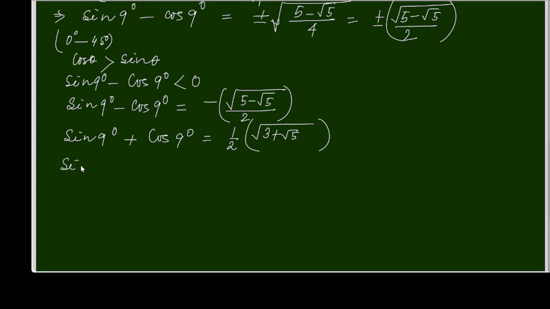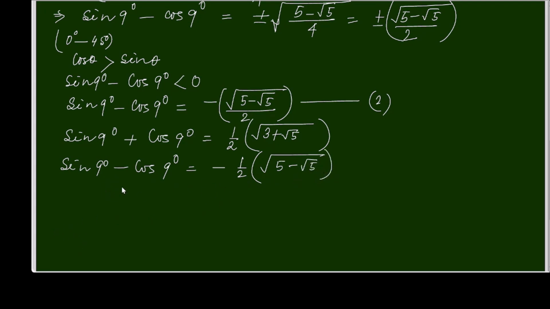And sin 9° minus cos 9°, I am getting as equation 2, equals negative half of √(5 − √5).